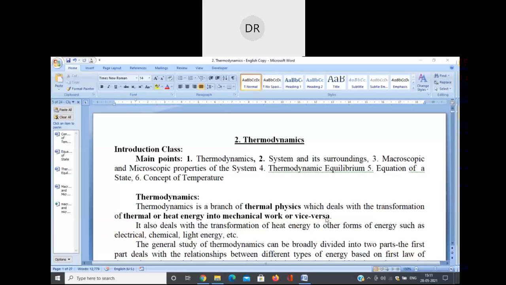The points here we have: microscopic and macroscopic parameters of the system.